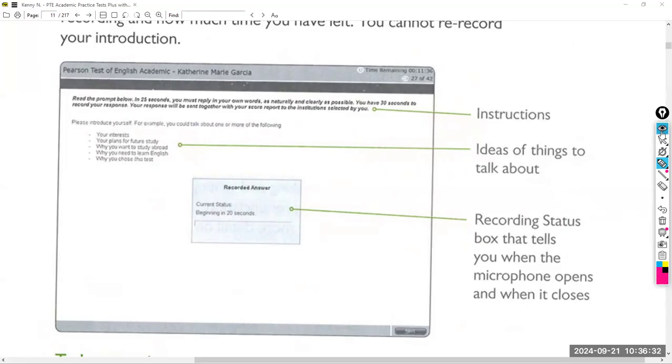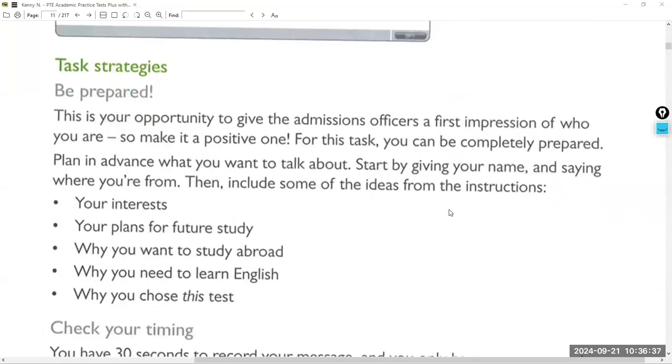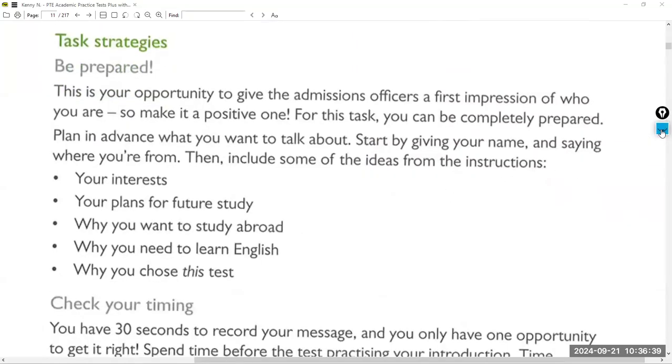Now, what about the strategies that I have to be careful of just to be able to give the best introduction? Absolutely, I have to be ready and prepare myself. This is my opportunity to give the admissions officers a first impression of who I am.